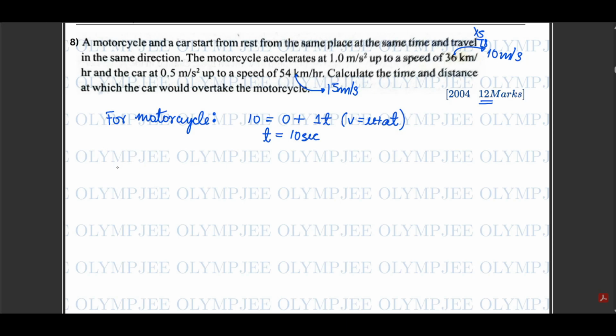So we can write the equation of the position of motorcycle as follows. The position of motorcycle will be given by two equations. First it is traveling with acceleration. So we will use the equation s is equal to ut plus half at square, and since u is 0, this will become half into a into t square, which is t square by 2 till 10 seconds.